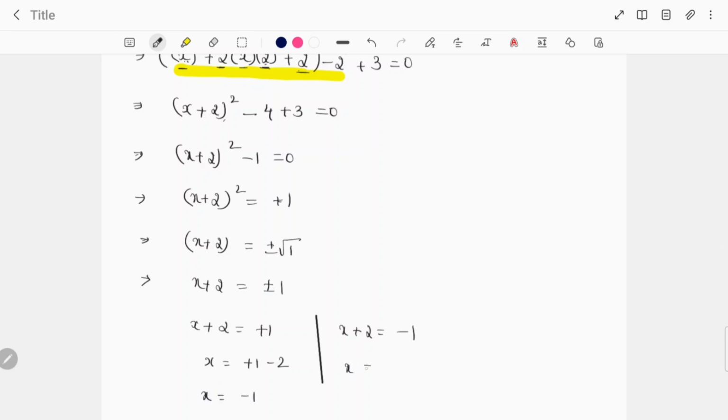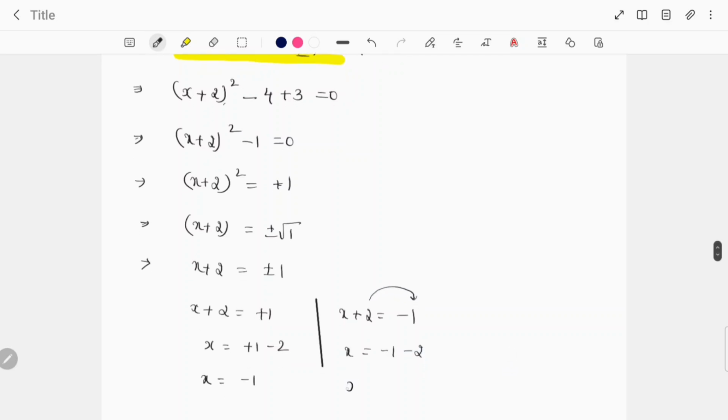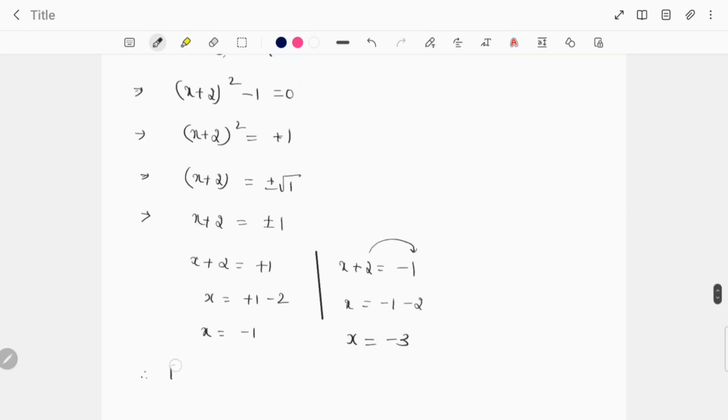From the second, x equals minus 1, plus 2 goes to the RHS as minus 2, then x will be minus 3. Therefore the roots of x square plus 4x plus 3 equal to 0 are minus 3 and minus 1.